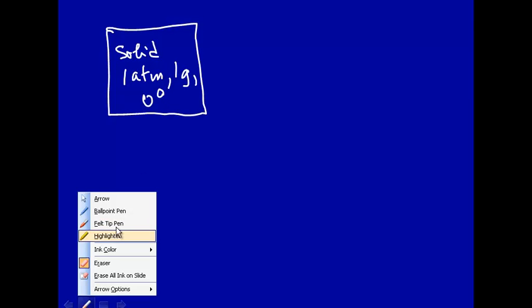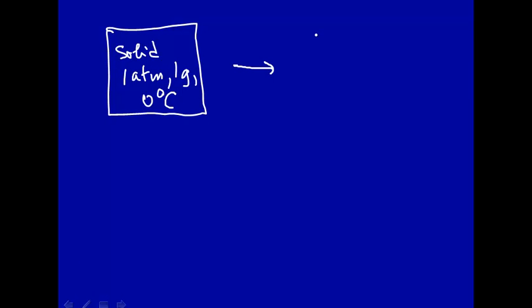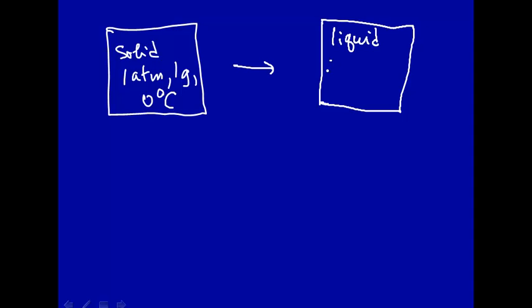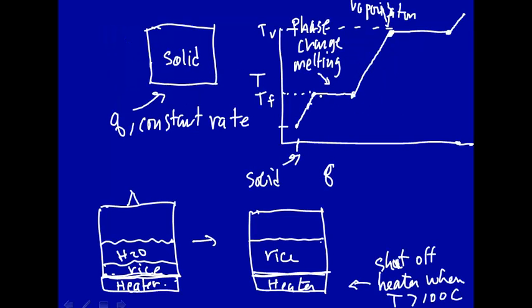And now the final state, taking that to a liquid. We now have liquid. We melted the ice, and the problem states it's still at 1 atmosphere. We haven't added any water, so it's still 1 gram, and it's still at 0 degrees C. So that would be somewhere along this process here.